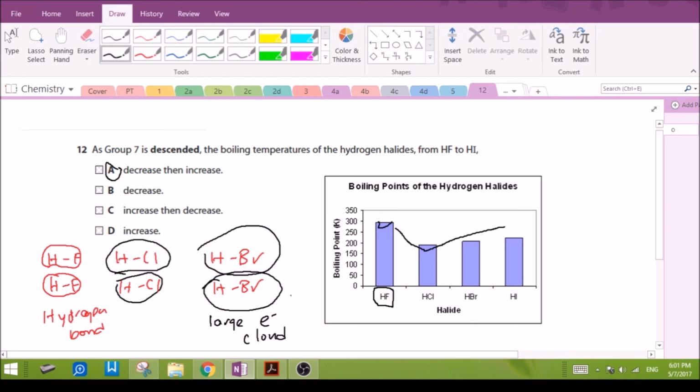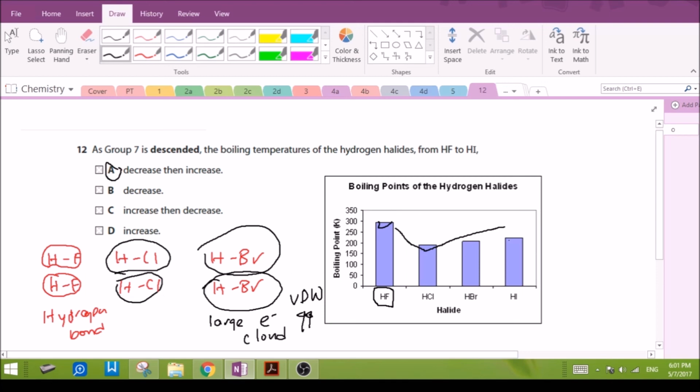So its van der Waals forces are very high compared to HCl. So although HCl is more polar than HBr, the large electron cloud of HBr will more than compensate and allow hydrogen bromide to have a higher boiling point than hydrogen chloride.